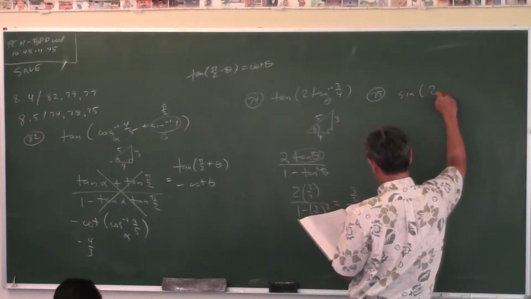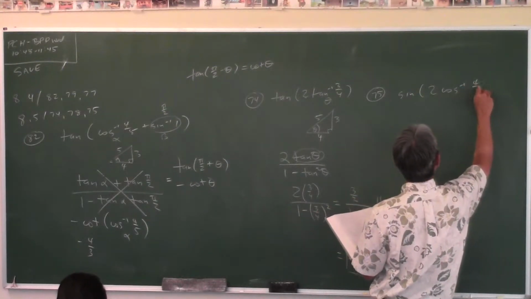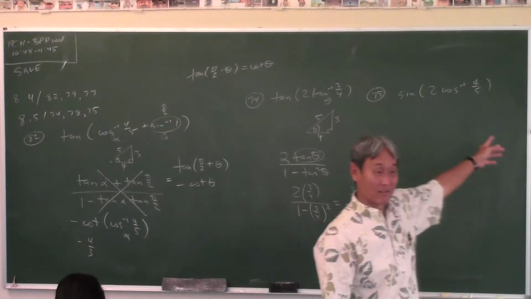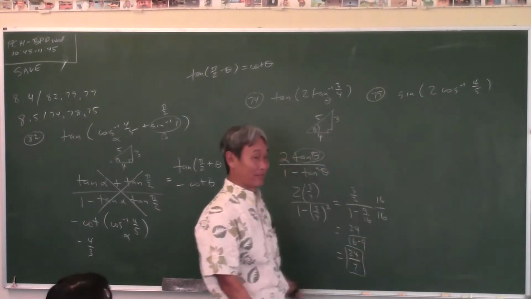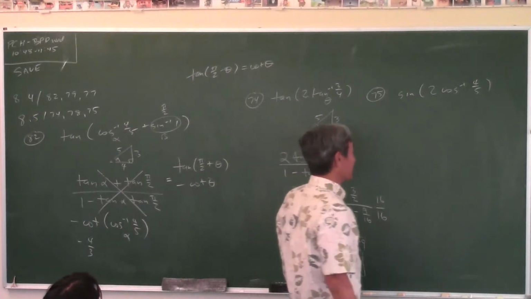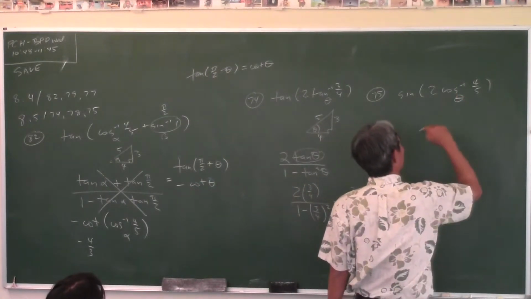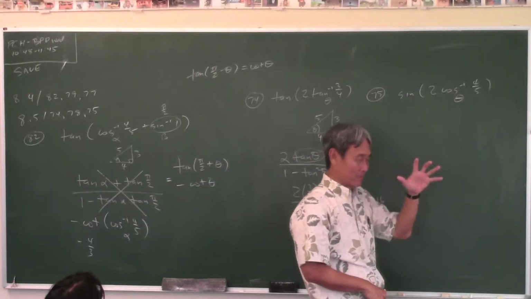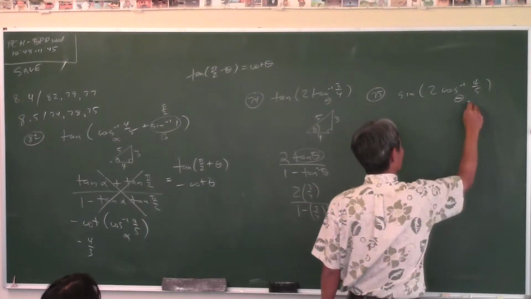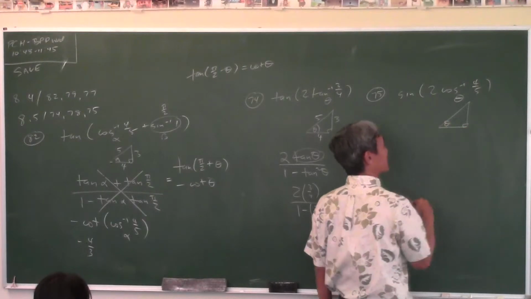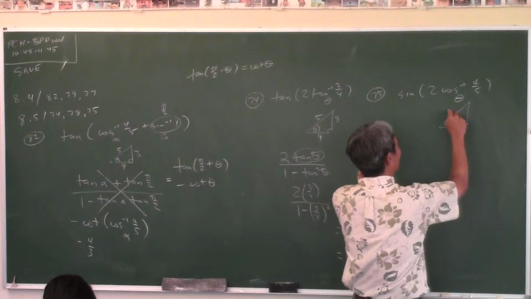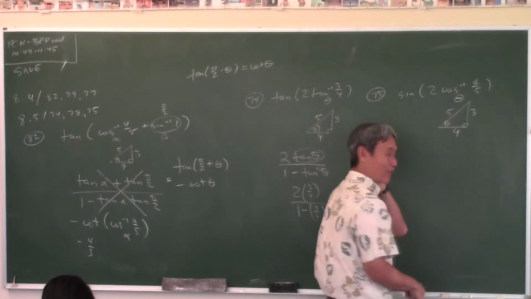Sine of 2 theta, where cosine theta is 4/5. This is the same example I gave you last time. Remember? How come I can remember what happened on Friday and you guys can't? Okay, this is an angle. Is that an angle that I just know off the top of my head? No. So you draw the picture. Cosine theta is 4/5. So where do I put the 4 and the 5? Adjacent over hypotenuse, and Mr. Park said 3, 4, 5.